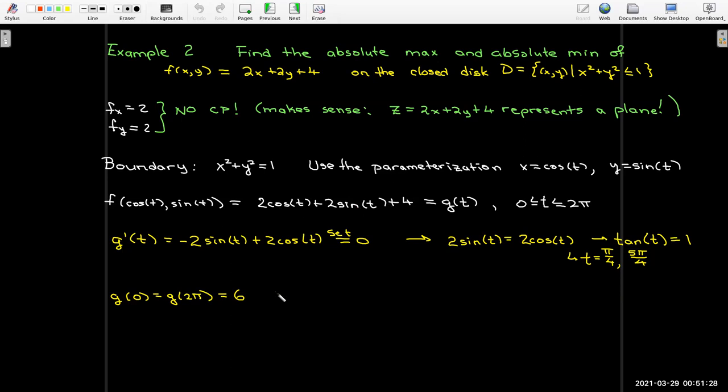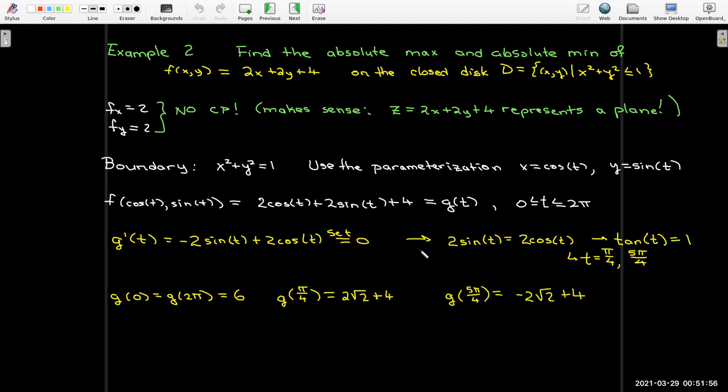So I get 2 plus 4, which gives me 6. Now, at the critical numbers, well, at pi over 4, I'll have cosine and sine are both root 2 over 2. If I multiply that by 2, I get root 2. But then there's 2 of them, so I get 2 root 2 plus 4.